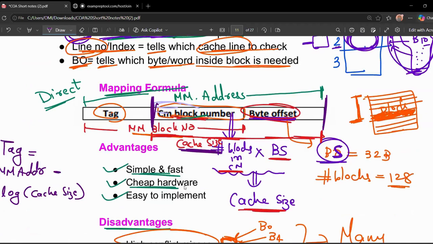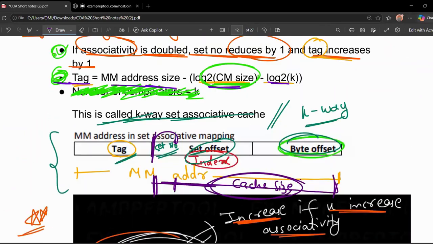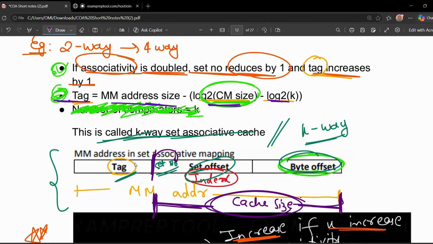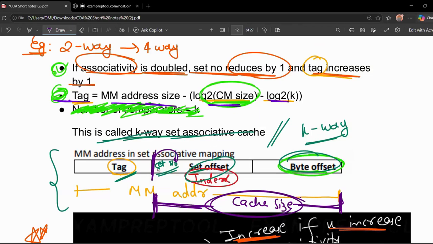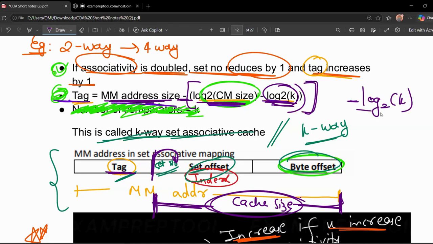Now because of associativity, these bits are decreased. These bits are shifted so that the tag is increased, from two-way to four-way. So that is the thing here: main memory address minus log of cache size minus log k. You just have to do minus log k.